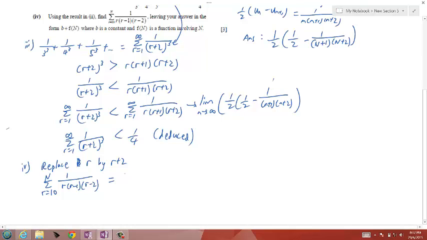So on the top you must also write r plus 2 again. r plus 2 equals to 10. Can you see? So we replace r by r plus 2, you'll get r plus 1 and r plus 2, which is the same as the part 2, except for the limits. The limits is still different.